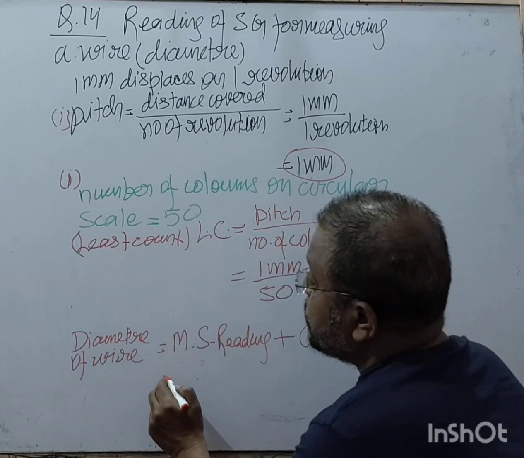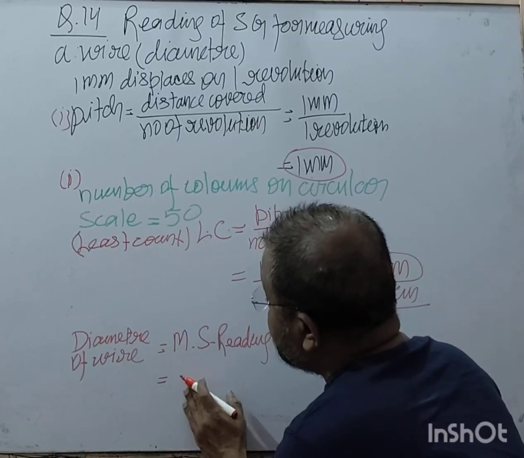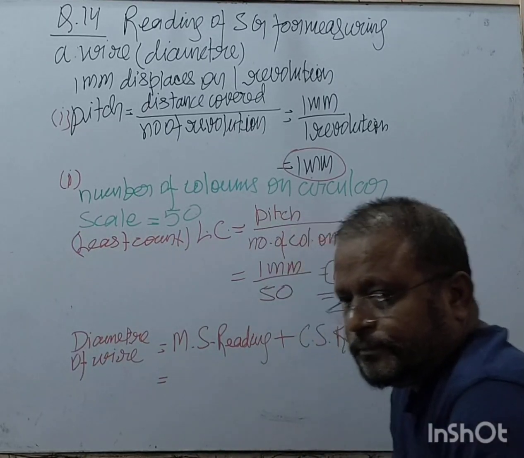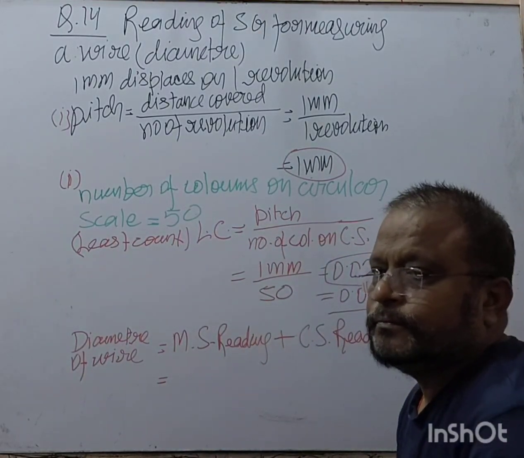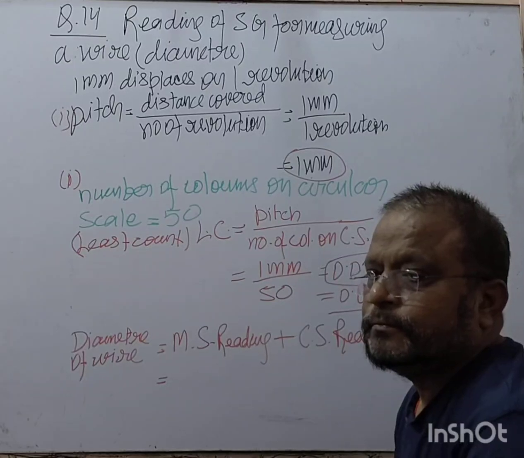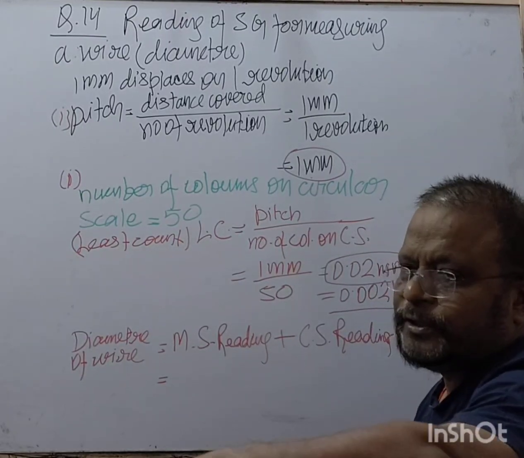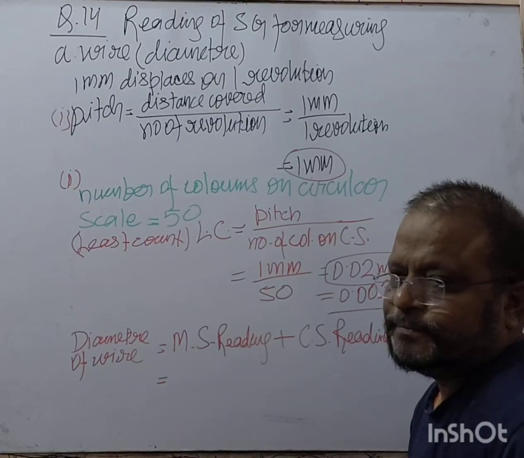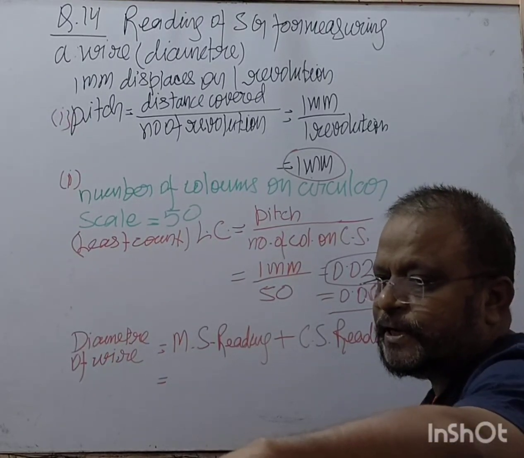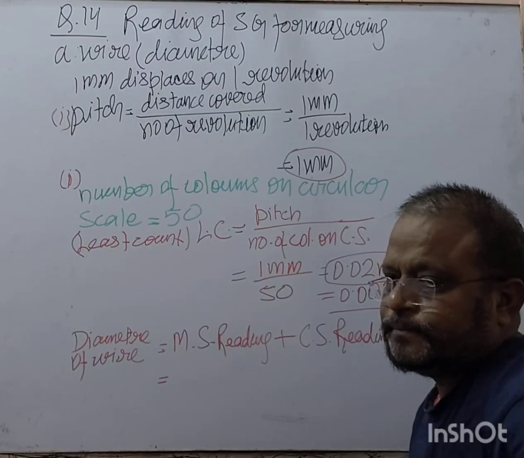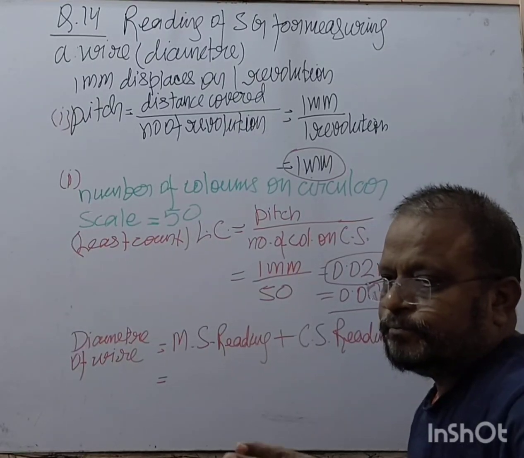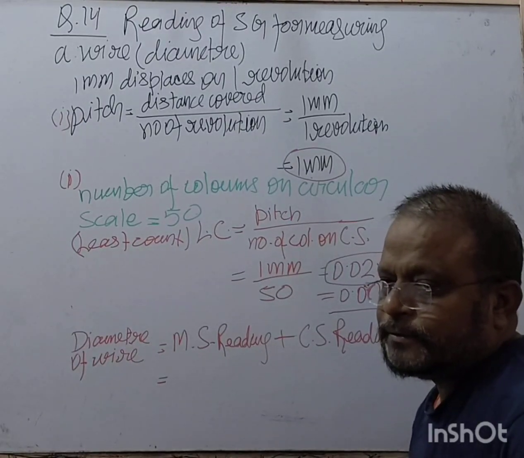So what is the main scale reading you have given? Sir, it is only one division of the main scale. On the main scale, what is written? The main scale is 0, after that 0, then mm.